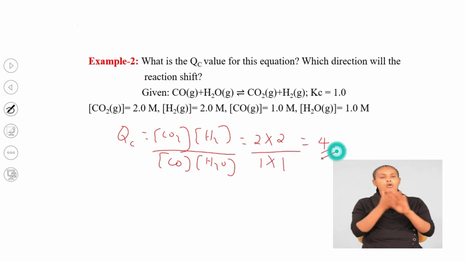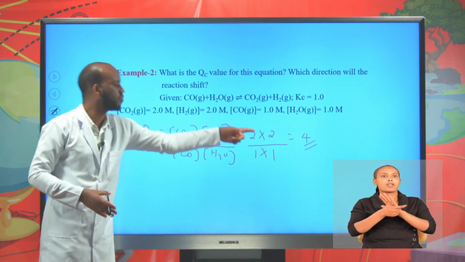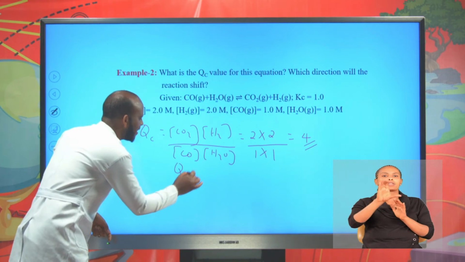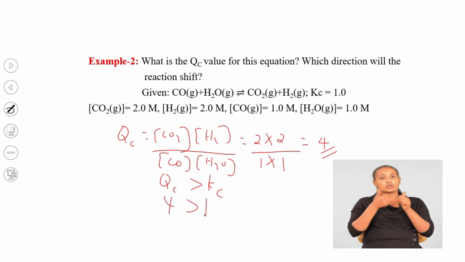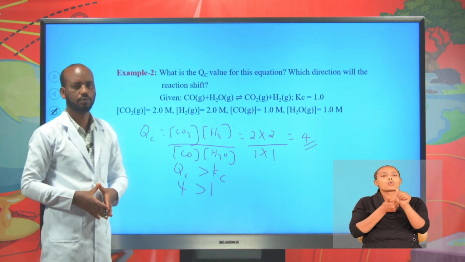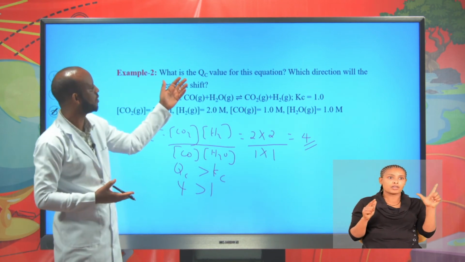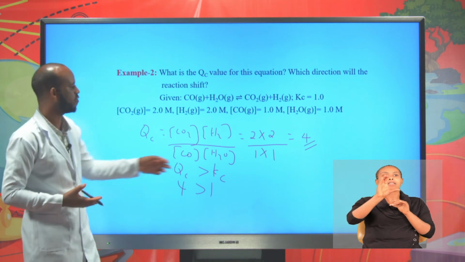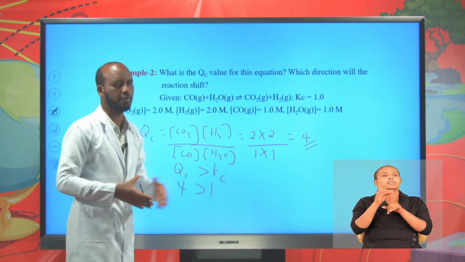Now compare Qc with Kc. You see, the value of Qc is 4. Qc is greater than Kc, because Qc is 4 and Kc is 1, which shows the reaction proceeds from right to left. What is the Qc value? The value of Qc is 4. Which direction will the reaction shift?